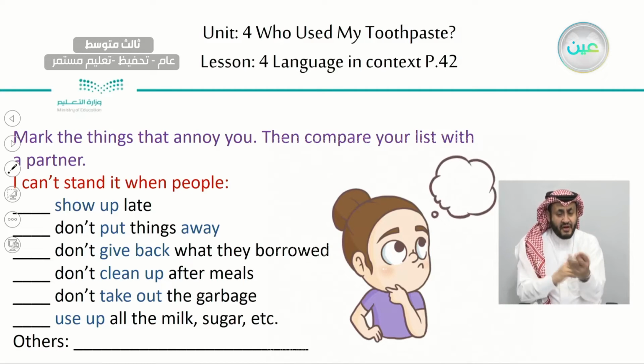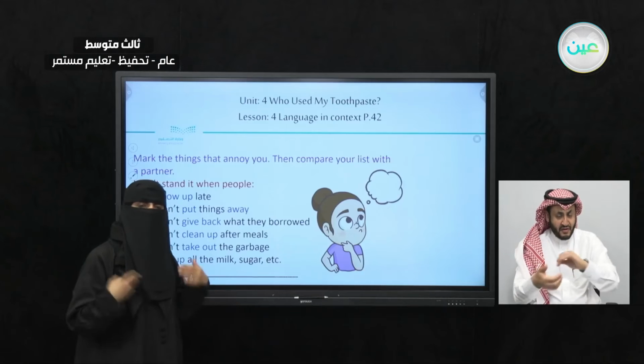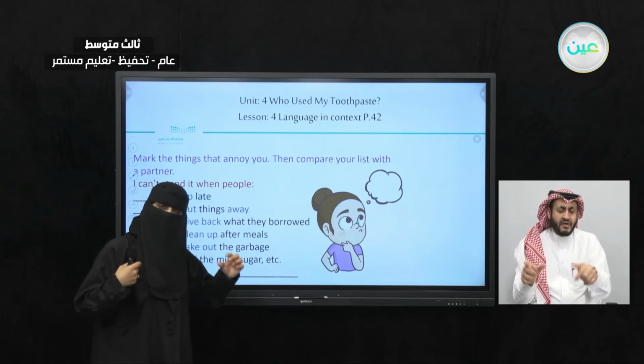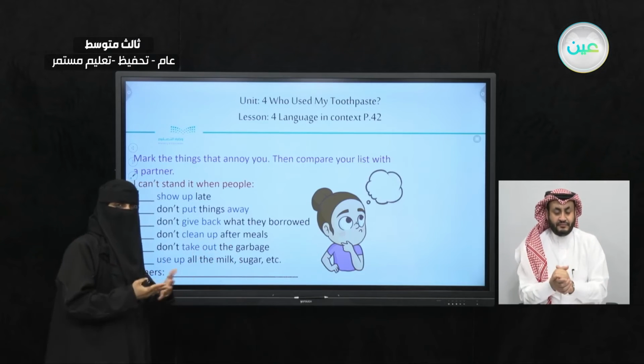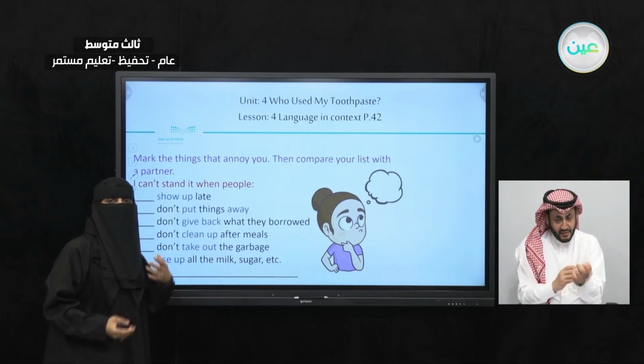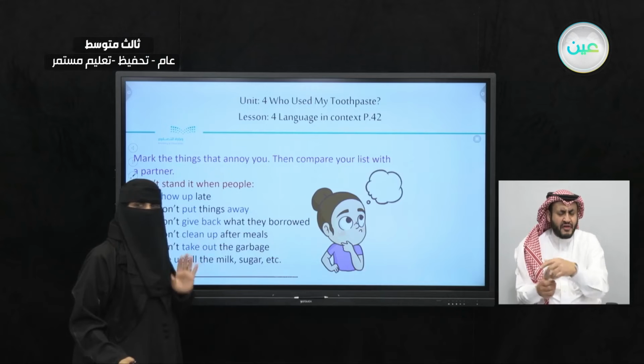When you finish checking, ask each other questions. Does this bother you? Maybe your friend will say yes. Maybe you will say, I don't mind, just a little bit, not a lot. So it depends. You have to see what bothers and annoys your friend, so you will not do it to him, right?